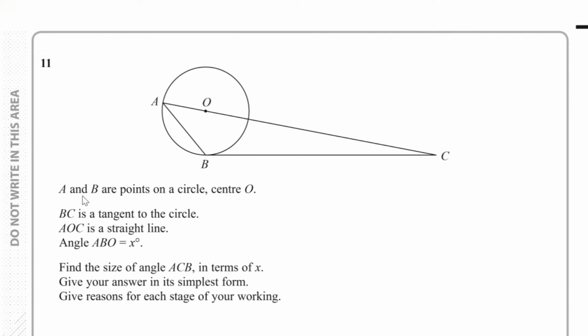Question number 11. A and B are points on a circle with center O. BC is a tangent to the circle and AOC is a straight line, and the angle ABO is the angle X. So the angle ABO, if I draw a line connecting O and B, the angle here is X. And what we need to do is find the size of the angle ACB in terms of X in its simplest form.